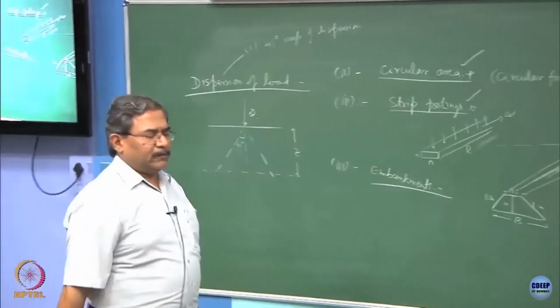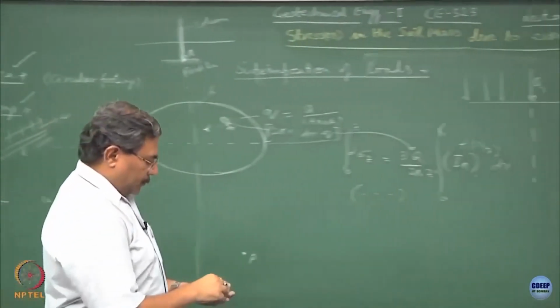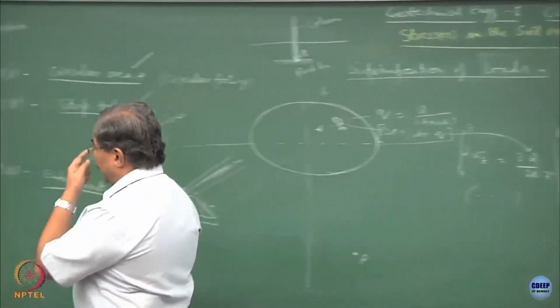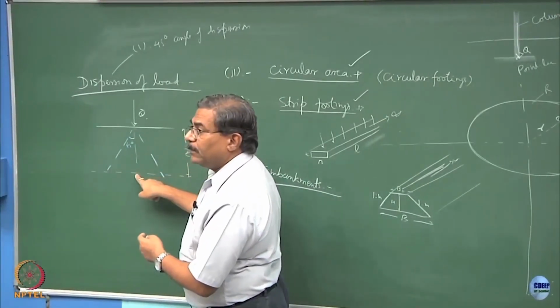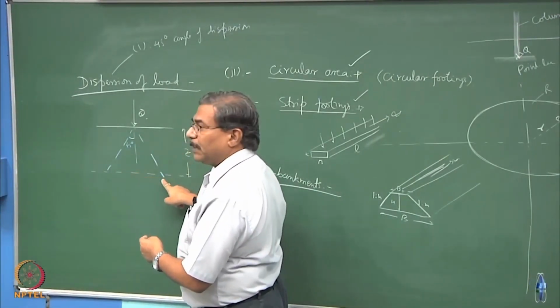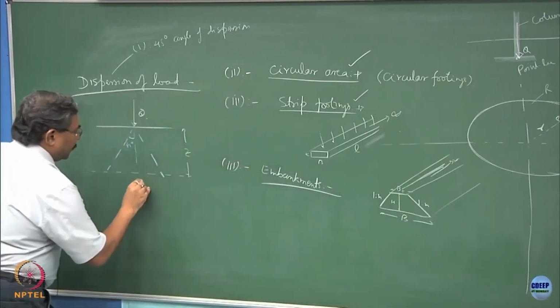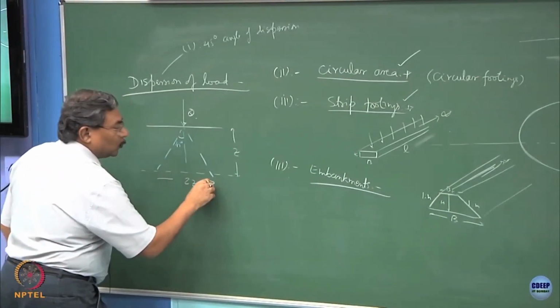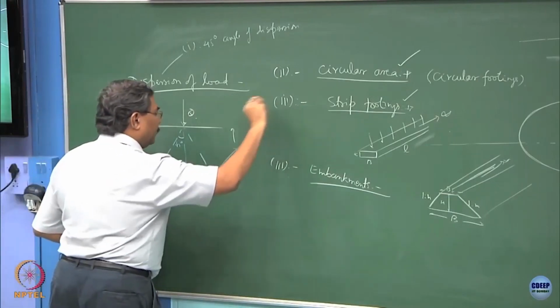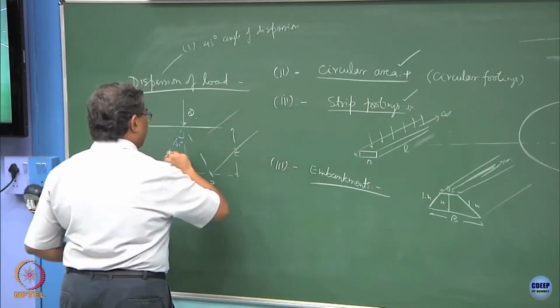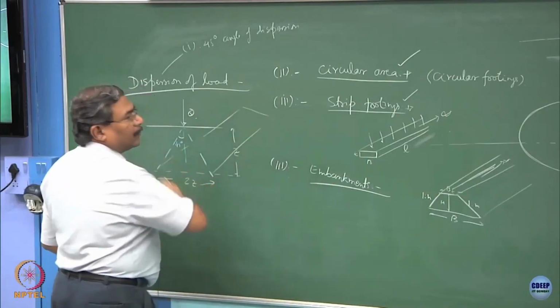These are thumb rules. So I am sure you can realize now, if this is Z at 45 degrees, this is also going to be Z, clear, and this is also going to be Z. So basically Q has been delegated to 2Z, and then the third dimension is perpendicular to the board. So this becomes your loaded area.